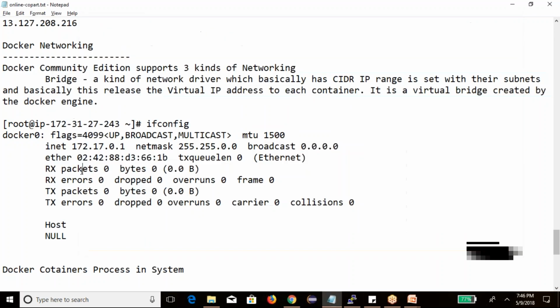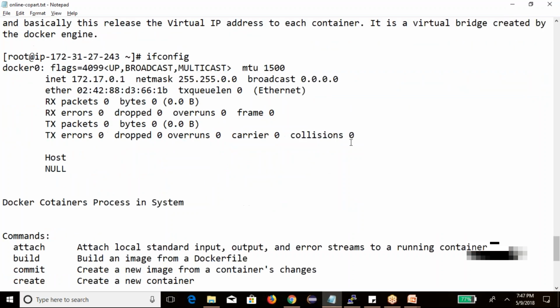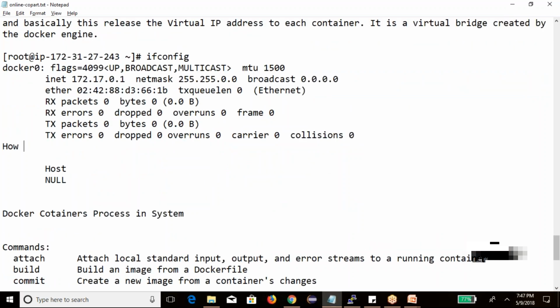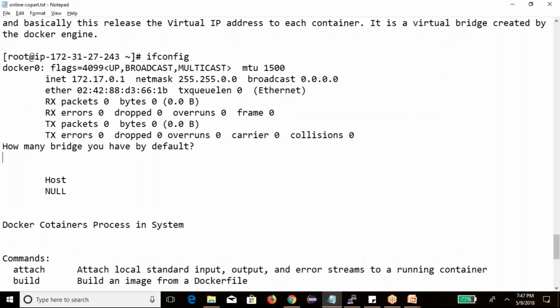So now this is the important one. The question is how many bridges you have by default. Basically, by default you get one bridge. How do you come to know?